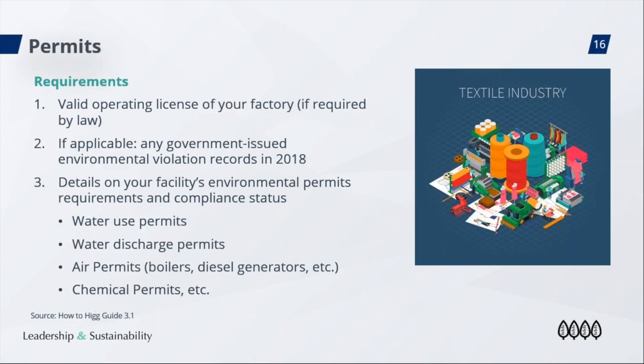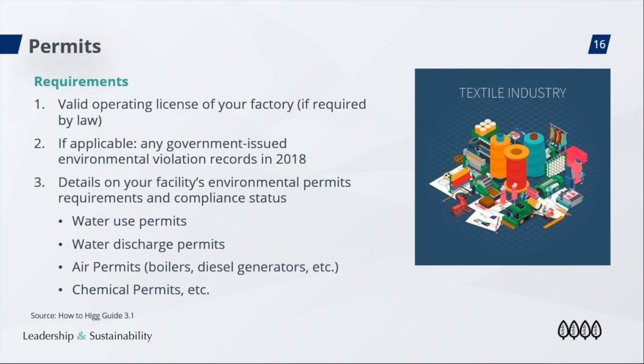In the final part of this section, you will see that you should also complete all questions to provide details on your facility's environmental permit requirements and compliance status, such as water use permits. If you use underground water, you definitely need permits. Then water discharge permits, and air permits, including permits or requirements for air emissions from stacks of utilities such as boilers and diesel generators.